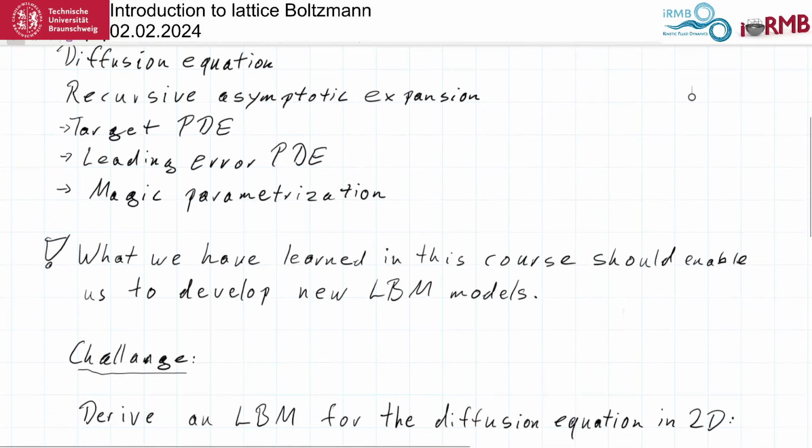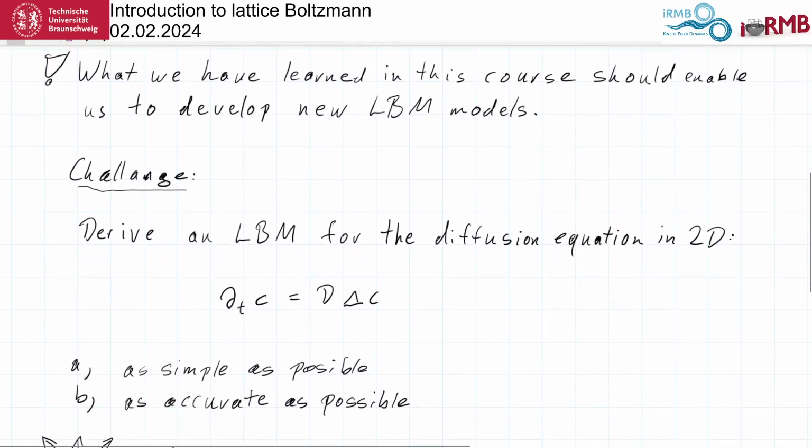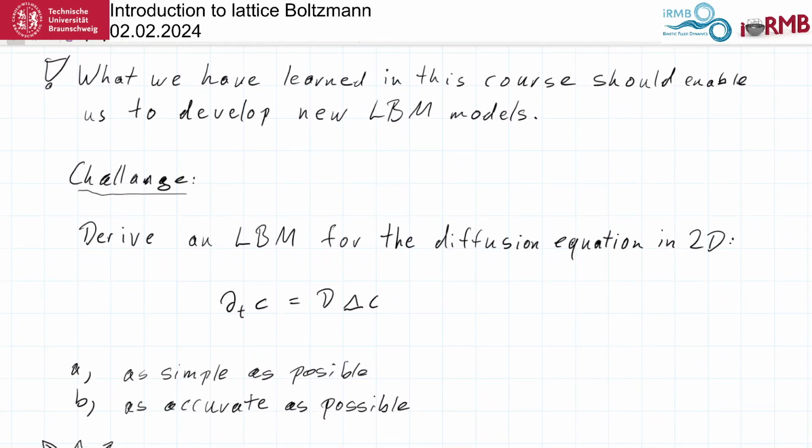Okay, so the challenge that we set us is we want to derive a lattice Boltzmann method for the diffusion equation in 2D without any advections. Just this usual Fick's law that there is a density C that changes in time according to a second spatial derivative in C. So this is the Laplace operator, and there's the diffusion coefficient D. And now the two challenges that we set us are, let's A, do it as simple as possible, and B, do it as accurate as possible.